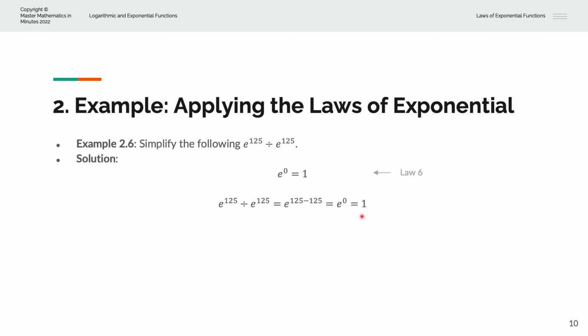And applying law 6, that gives us 1. The alternative solution to this is we could rewrite e to the power of 125 divided by e to the power of 125 as e to the 125 divided by itself, and that simplifies to 1.